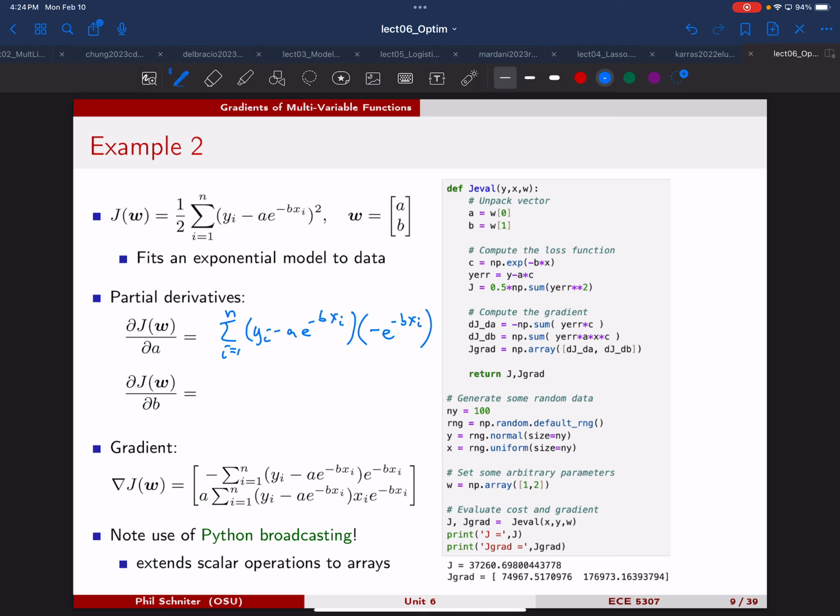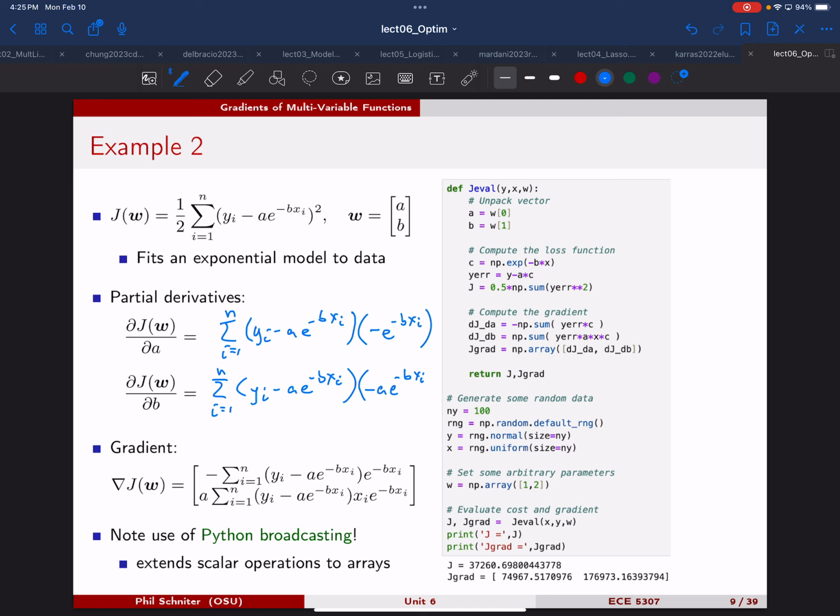Okay, and then we can do the other one. It's pretty similar, a little bit more complicated just in the very last term. The first term is the same. For the last term, we need to take the partial derivative of this with respect to b. When we have an exponential, we get minus a e^(-b xi), and then we take the partial of what's in the exponent, which is going to be minus xi.